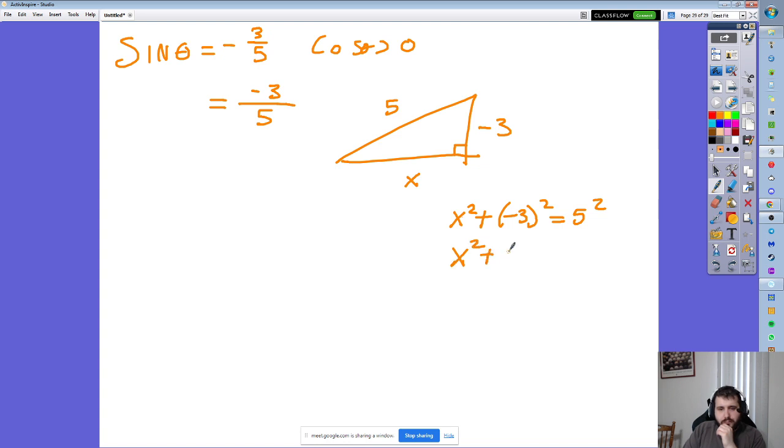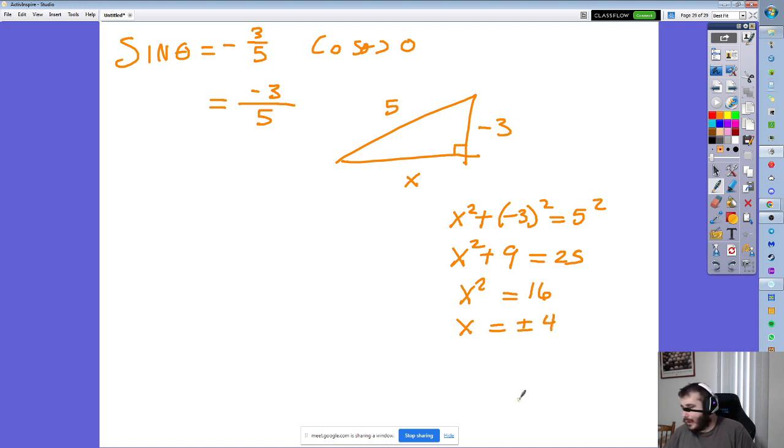Then do it out. And we're here, and I need to know, is x going to be positive or negative? Which one?